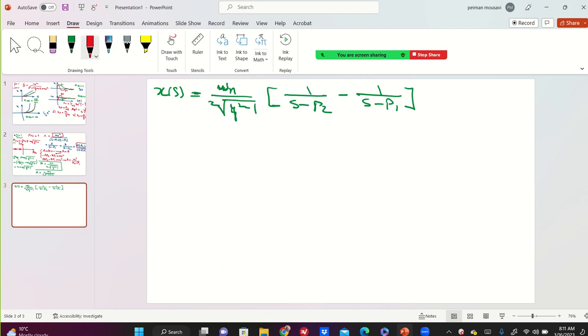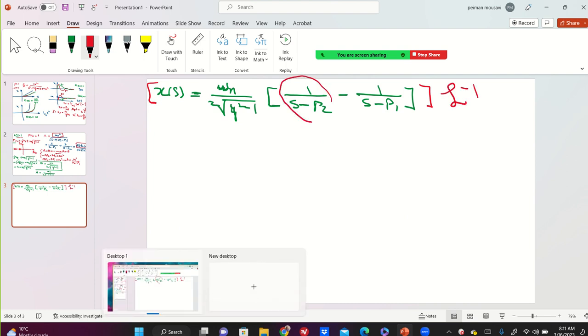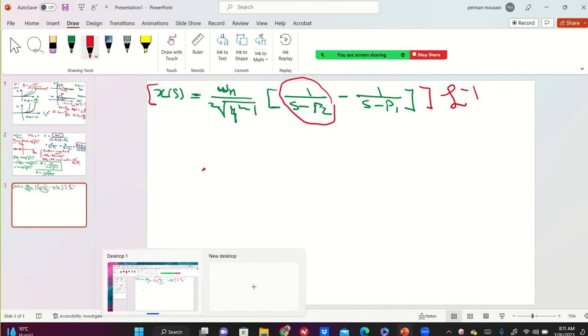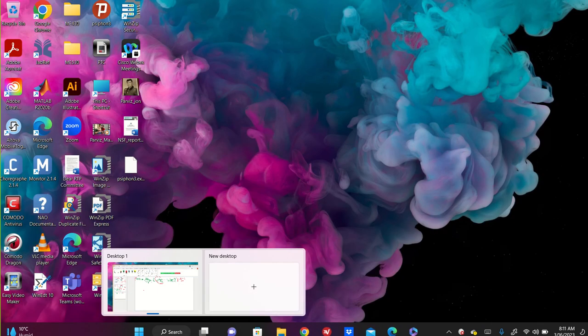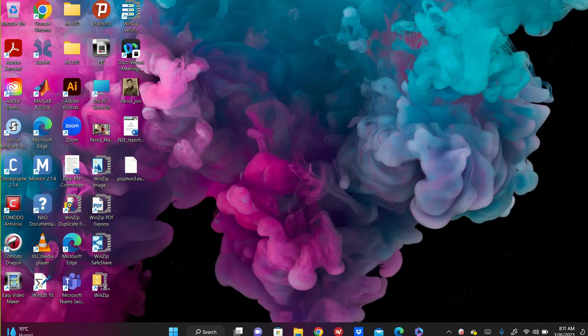Okay, so now if you want to find x of t, just take the Laplace inverse. Now you know that the Laplace inverse of this term is the exponential term. You have it in your notes in the table of... oh, what happened?